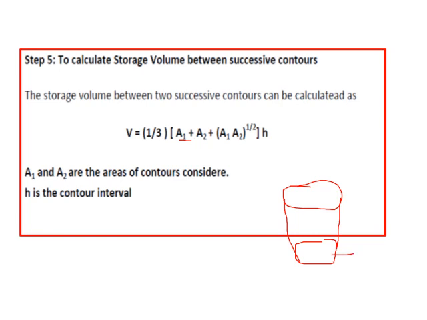For example, this is the 100 contour, this is the 101 contour, so you know the interval is 1 meter. Therefore h becomes 1 meter. A1 is this area, and A2 is this area. The volume generated between these two contours is got by this particular formula, which is shown in the next calculation.